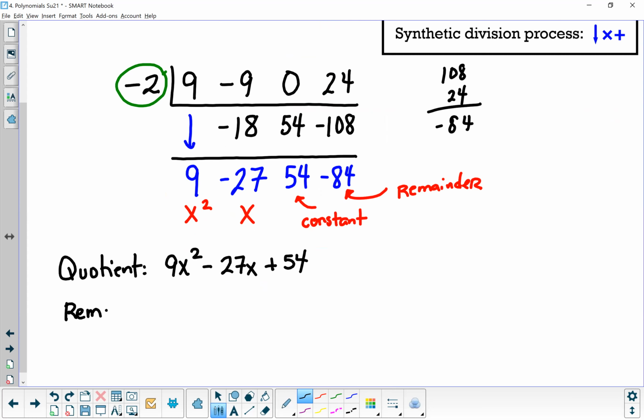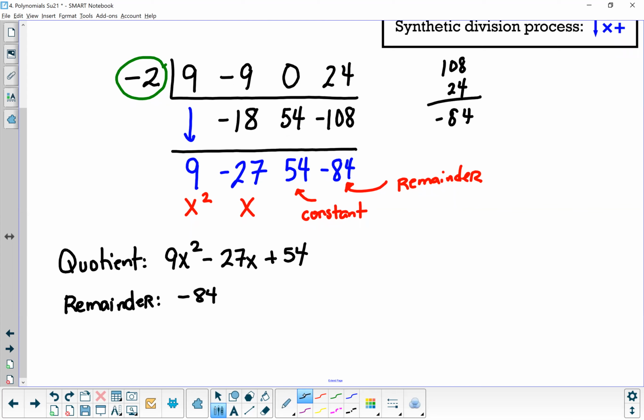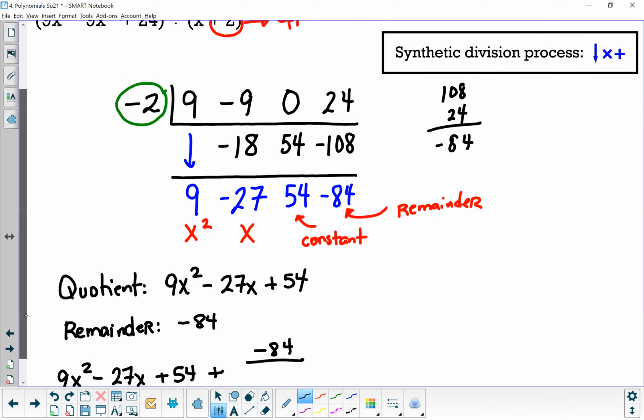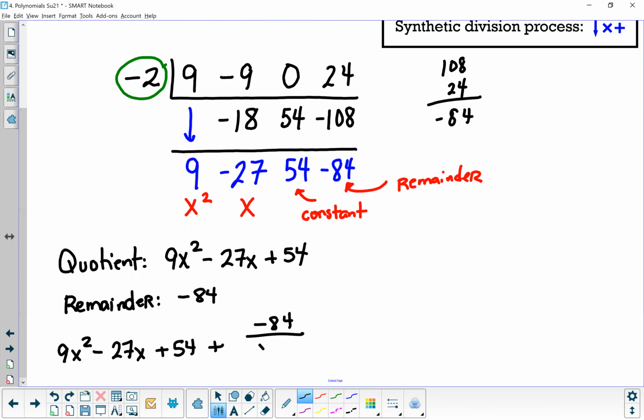The remainder is -84, okay? Now, if we want to write our complete answer, we have 9x squared minus 27x plus 54 plus our remainder over, now our divisor was x plus 2.